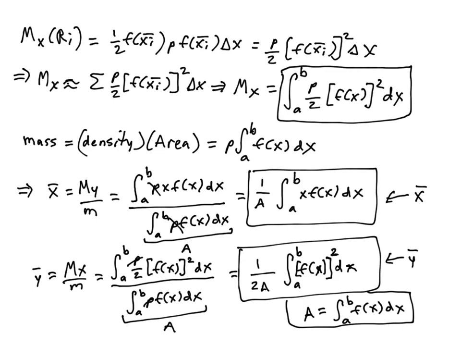Okay, now, before I do some examples showing this, there are 2 other things I need to talk about. What if your region, your lamina, is bounded above and below by 2 different functions? So let me write this out here.